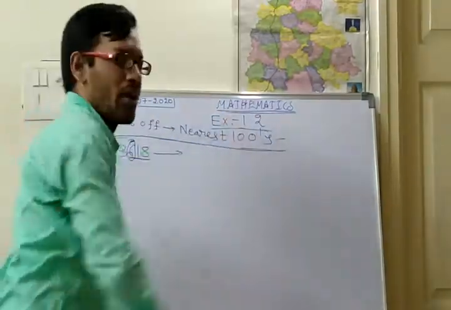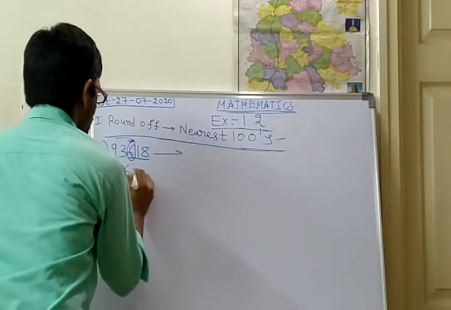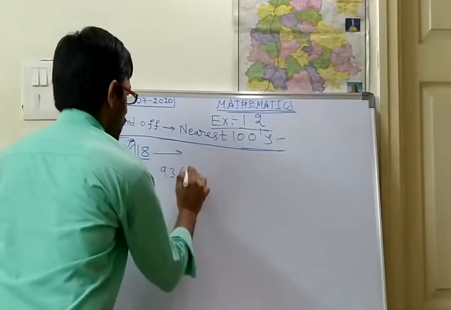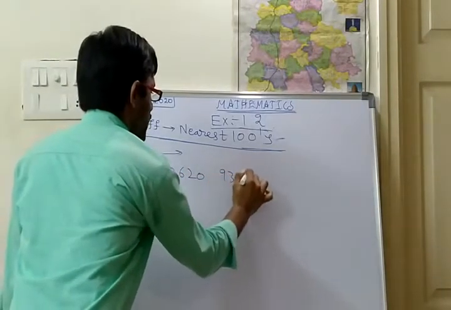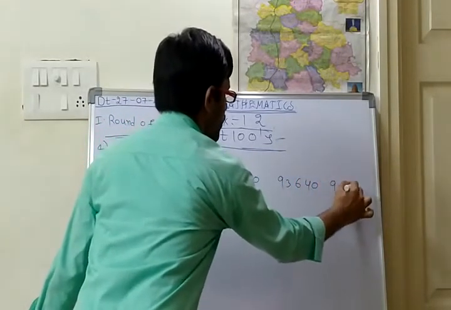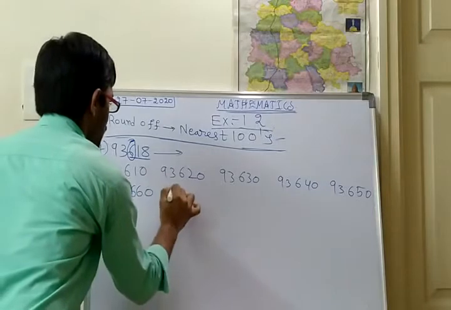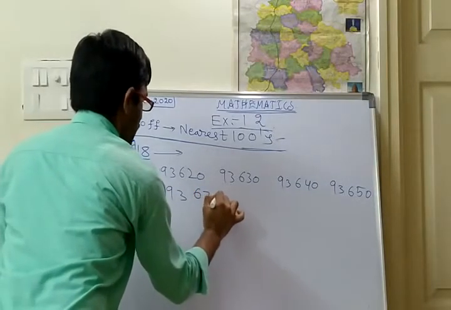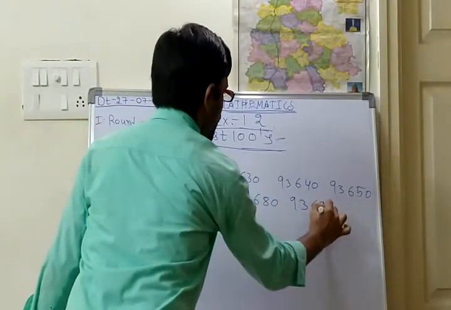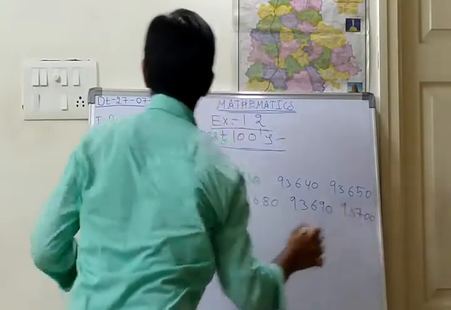So 93,610, 93,620, 93,630, 93,640, 93,650, 93,660, 93,670, 93,680, 93,690, 93,700. So in between 600 and 700 it will be.